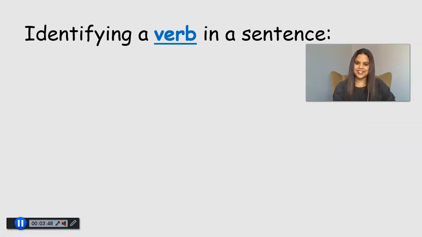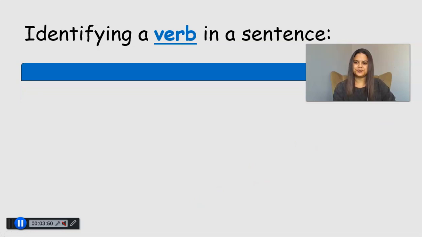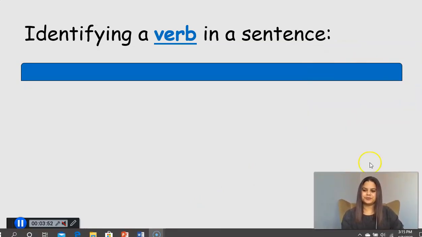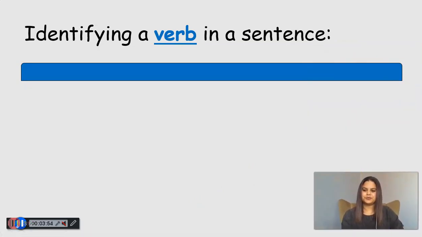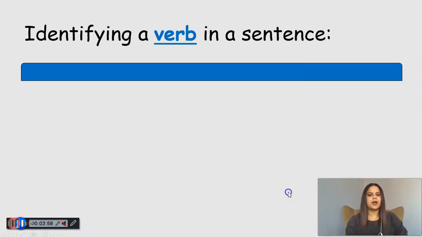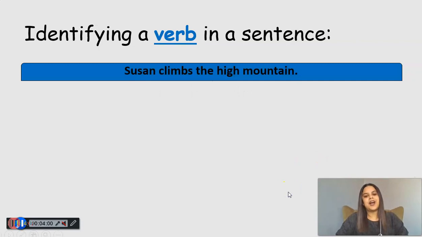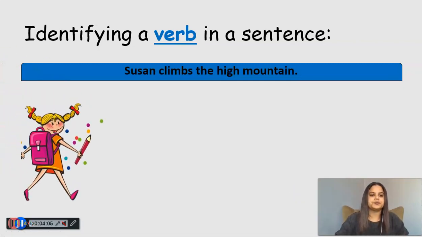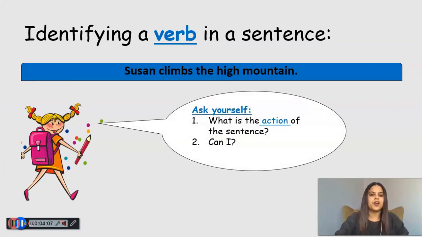Identifying a verb in a sentence. Susan climbs the high mountain. Ask yourself, what is the action of the sentence?